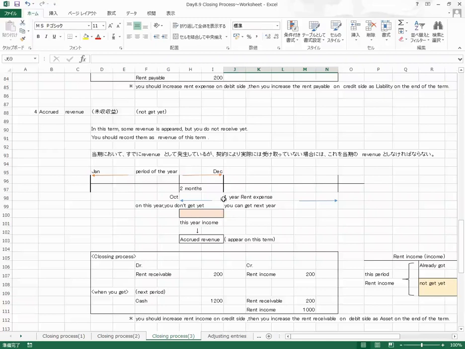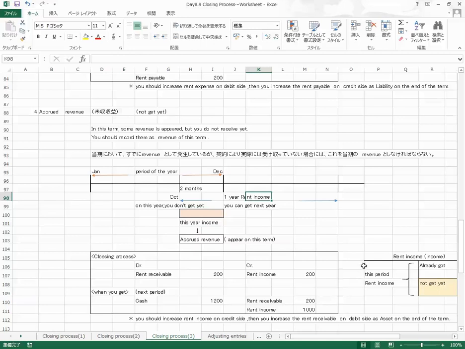One year of rent income you can get, but as a contract, you can get the income at the end of September.